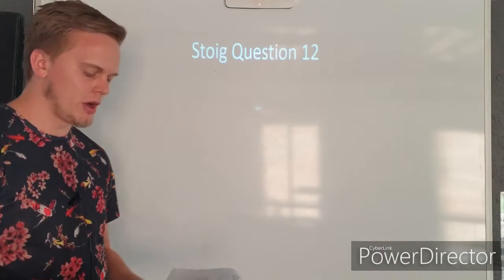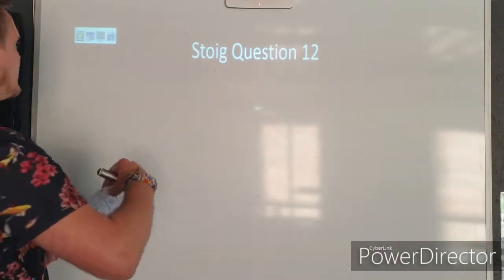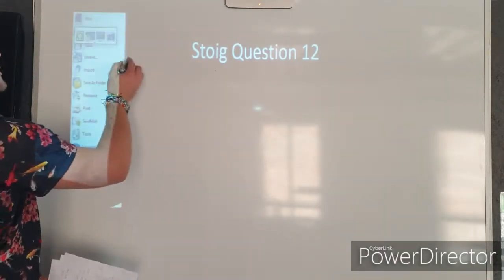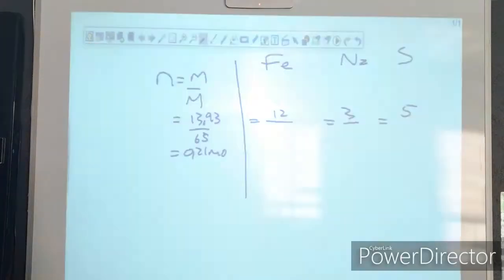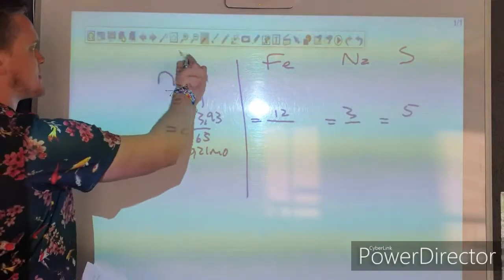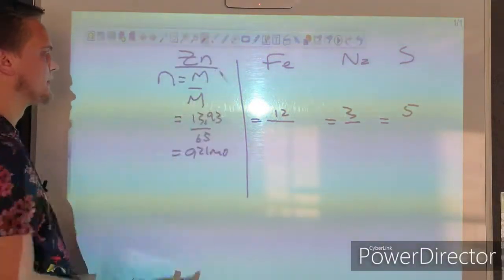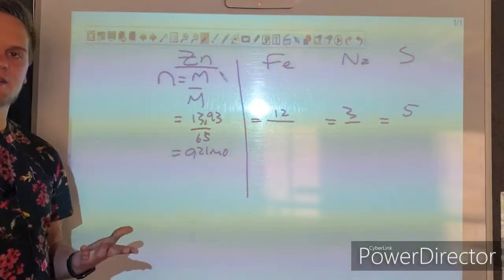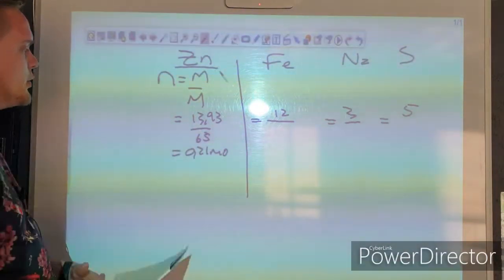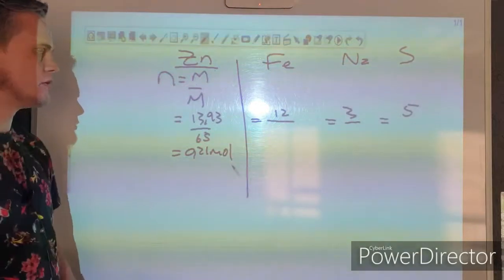Okay, so what I did here on my whiteboard is calculated the moles of the zinc. Okay, that's Zn. So the mass of zinc was 13.93, the molecular mass is 65 on the periodic table, so we get moles of 0.21.